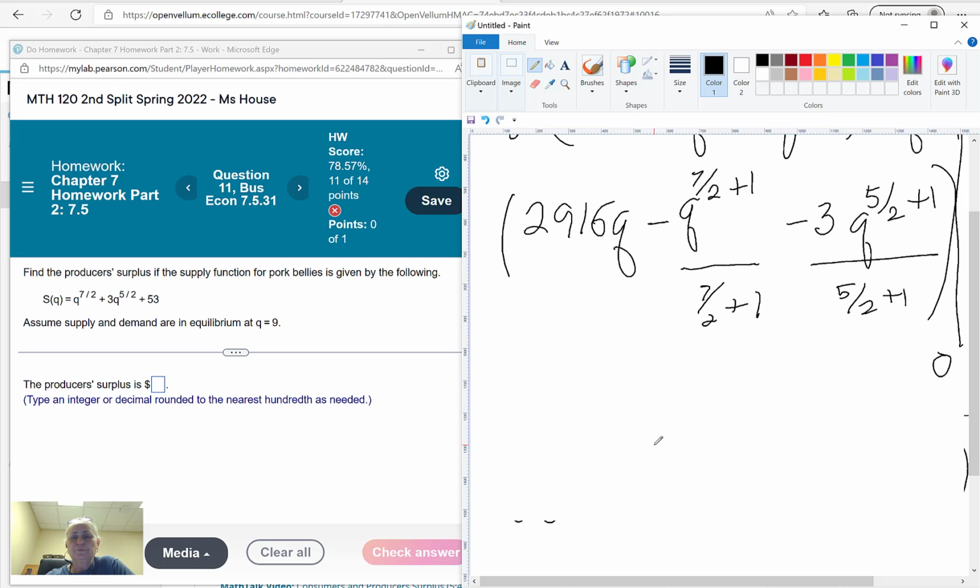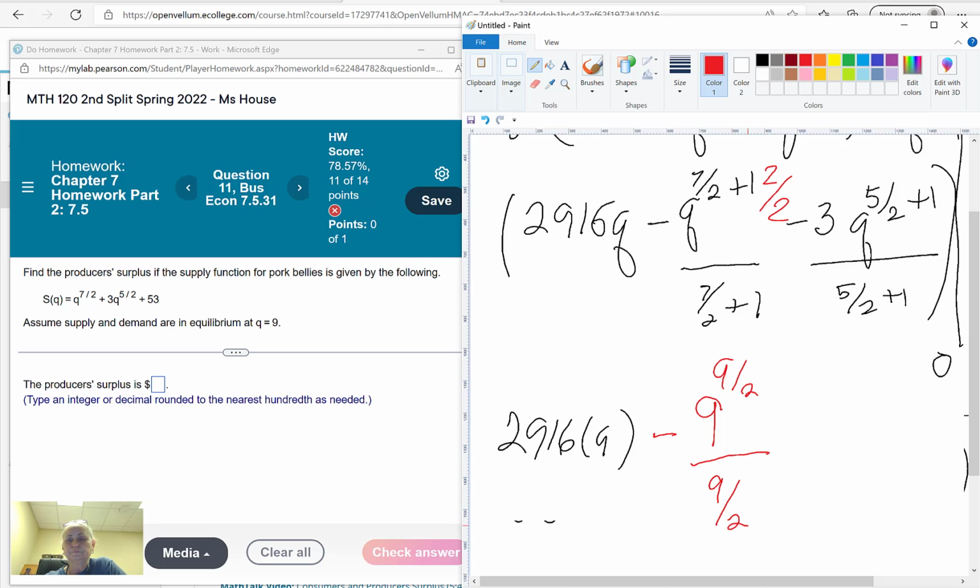So I'm going to go 2916 times 9, and I need to clean this up a little bit. So 7/2 plus 1, that would be a 2 over 2 here, so that's going to be 9 over 2. So it's going to be minus 9 to the 9 over 2 divided by 9 over 2.